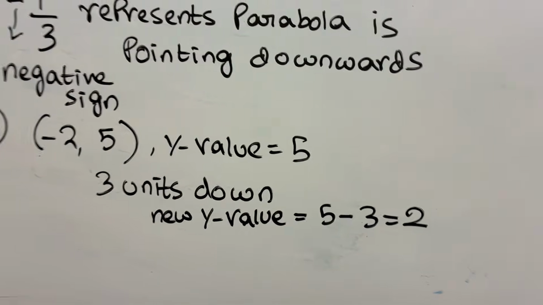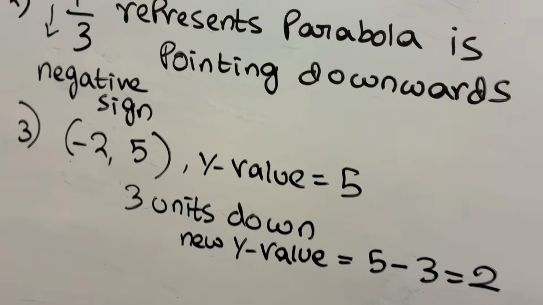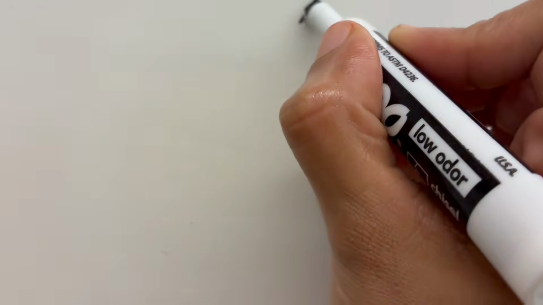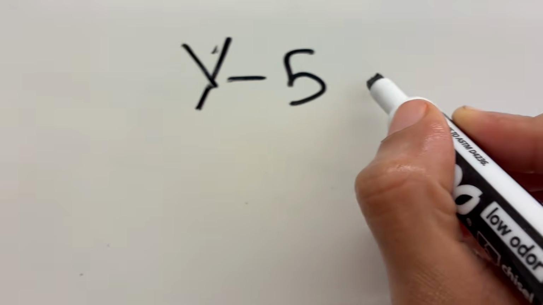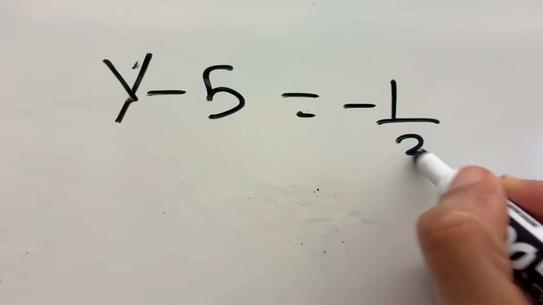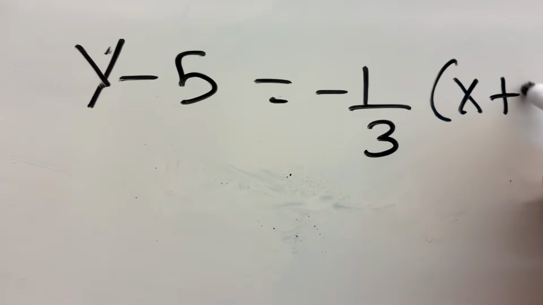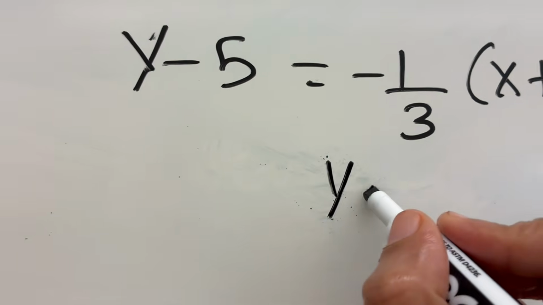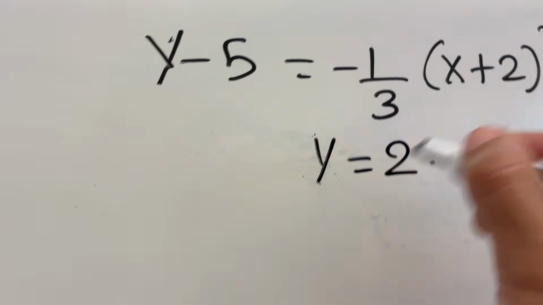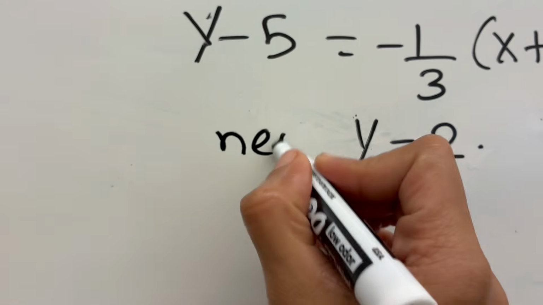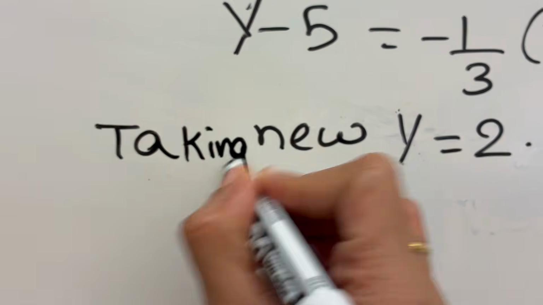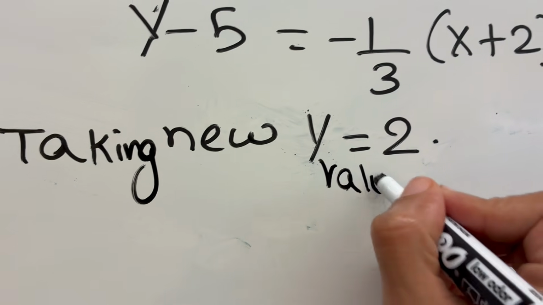Okay. So now I'm going to take the new y value 2 and substitute in the above equation. Let us write down the equation first. y minus 5 is equal to minus 1 by 3 into (x plus 2) whole square. So my new y value is 2. I'm substituting my new y value.